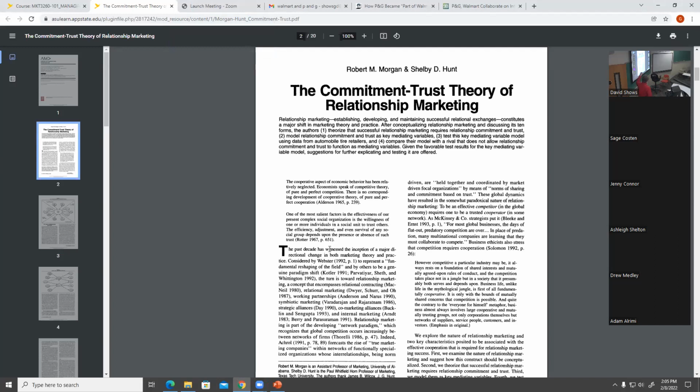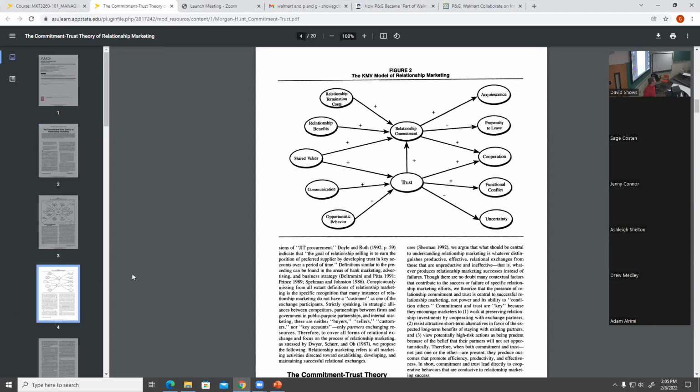What this article does is it steps through and discusses the roots of commitment, the antecedents of commitment and trust, and how these blend together and how they're extremely important. One of the particular models here, if you look at modeling, by the way, these are what are known as constructs, all right?